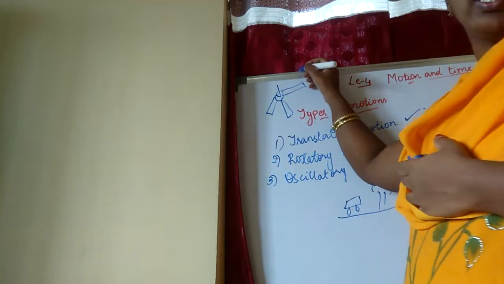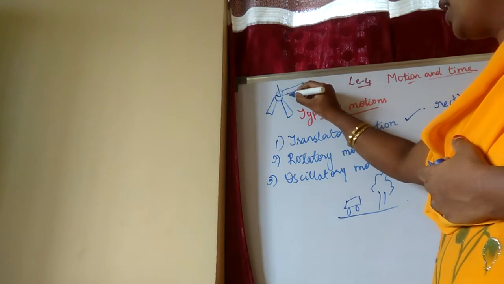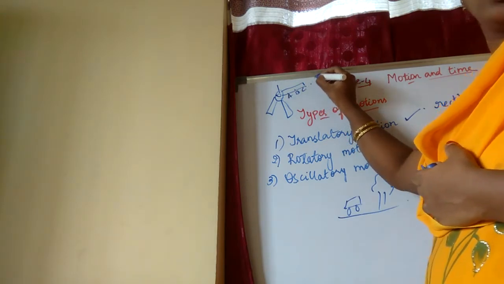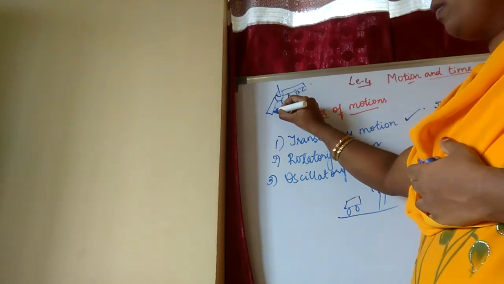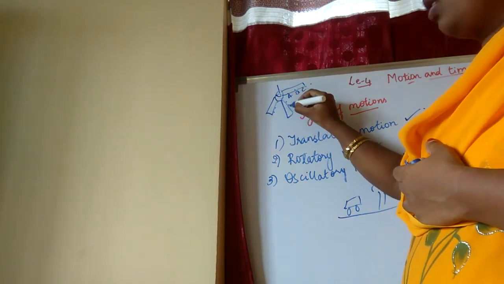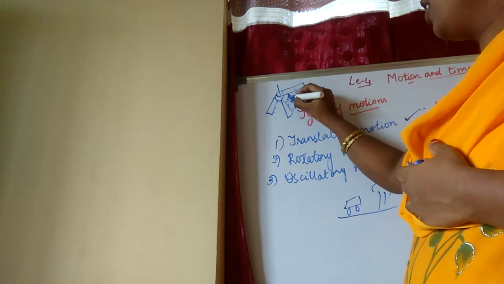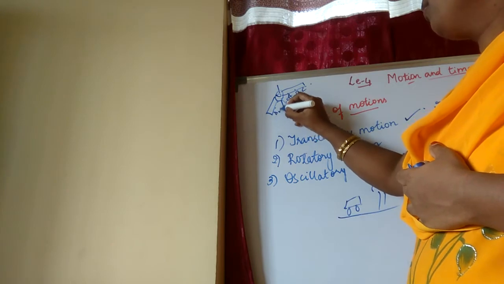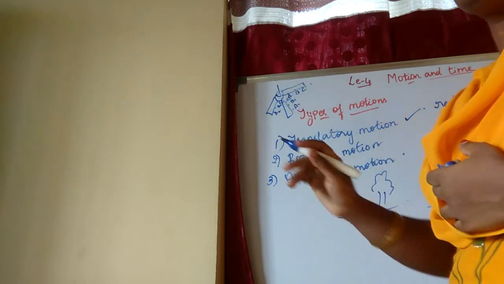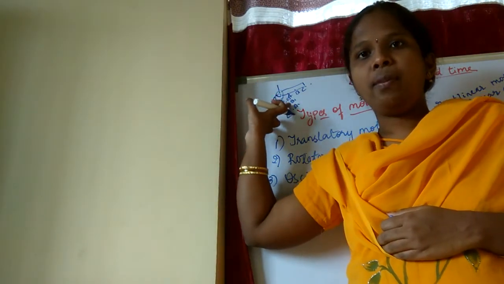The blades will be there, no? So think here A, B, C, and the other one is A1, B1, C1, and here A2, B2, C2. So think this is a ceiling fan and we are having three blades.